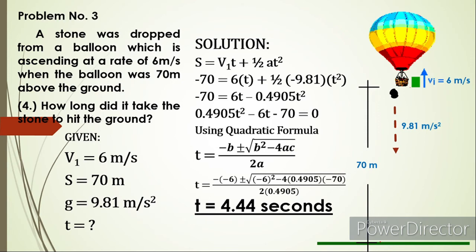So whichever po na formula or solution ang inyong gamitin, parehas po tayo ng sagot na 4.44 seconds. So wala pong problema kung anong solution yung ginamit nyo as long as parehas tayo ng final answer. Walang problema kung saan ka pang dumaan, basta nagkatagpo pa rin sa huli.